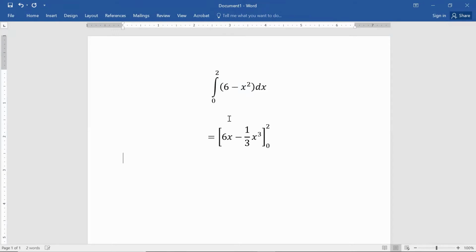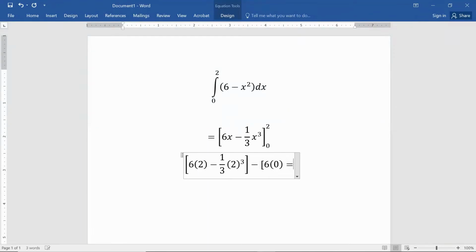So that means I'm going to plug in 2 into that function, 6 times 2 minus 1/3 times 2 cubed, and then plug in 0 into that function, 6 times 0 minus 1/3 times 0 to the third.